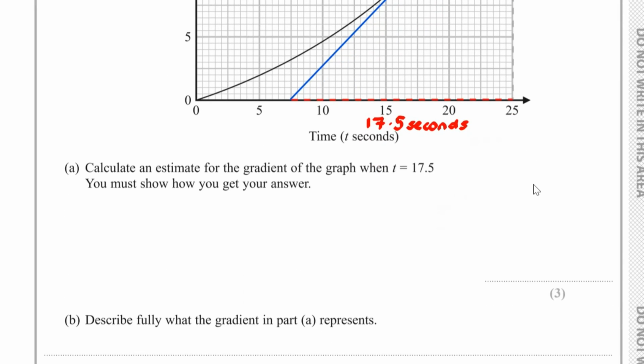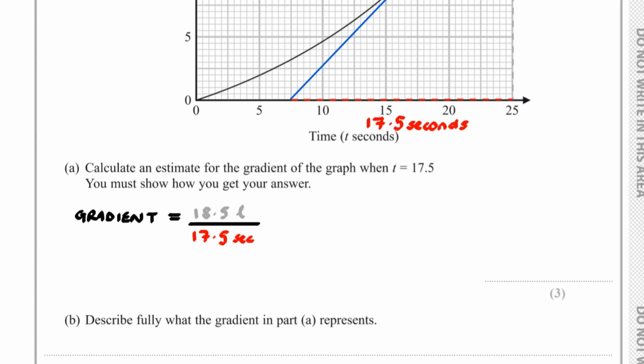And therefore, when we come to work out the gradient, it is equal to the change in y, which is 18.5 litres, divided by 17.5 seconds.